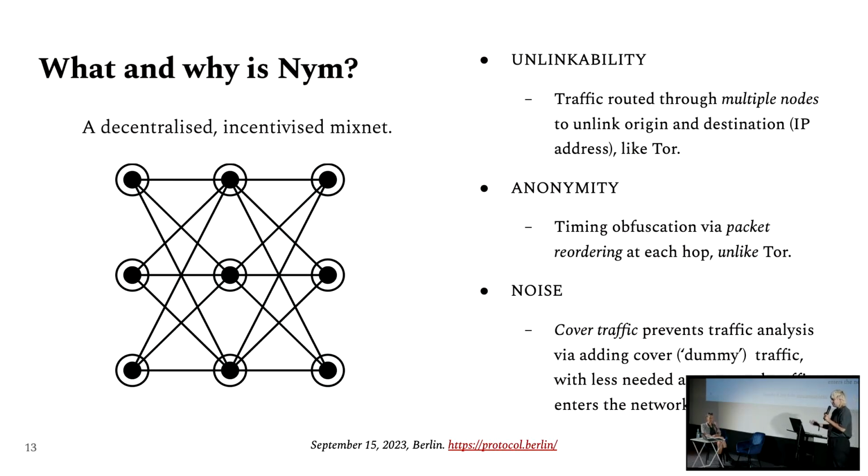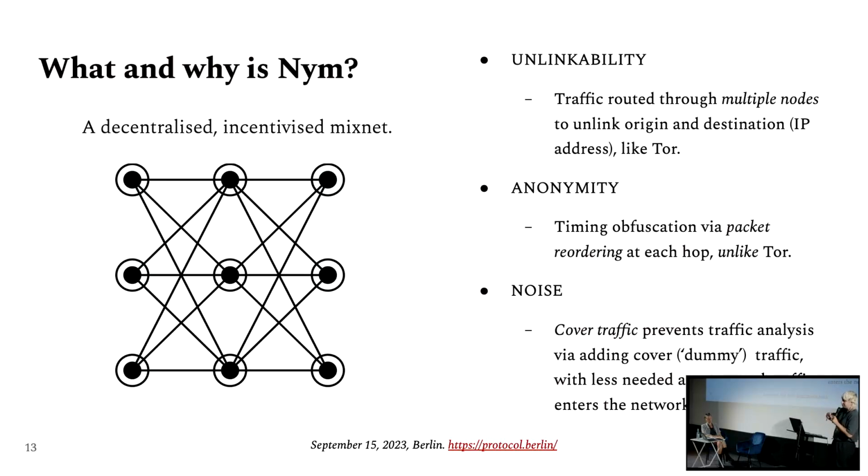I think everyone here will probably be familiar with this. It's a similar thing to what Tor does, right? You're unlinking your origin and your destination, or your sender and your receiver, from any observer who is running part of that network. The two aspects that the mixnet adds on top of this anonymity are, first, timing obfuscation. You reorder packets as they move through the mixnet at each hop.